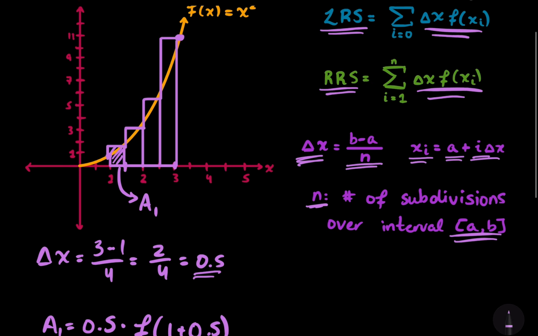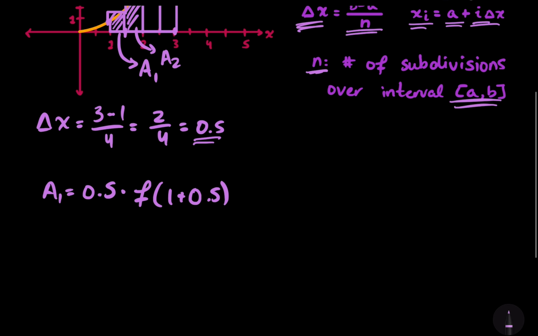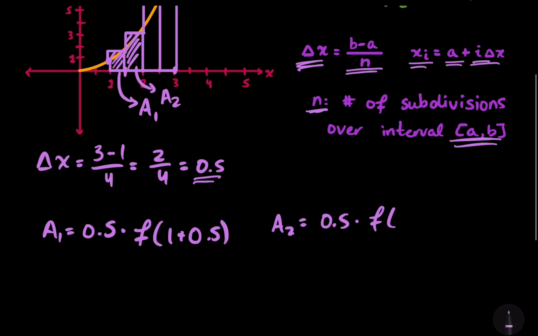And then if we want to look at this next area, we can call this one A2. Again, the area would be the base length, which is 0.5, times the function evaluated at the right-hand side of this subinterval, which is f of 2. And essentially, that is just the previous subdivision marker plus the increment, so plus 0.5.